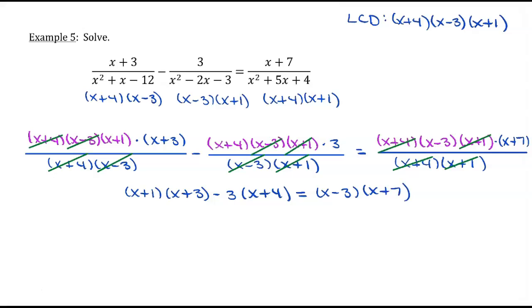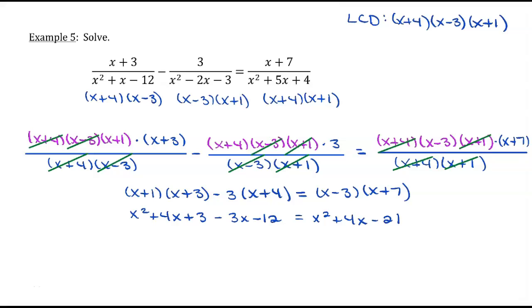Now we need to distribute and collect like terms. Multiplying x plus 1 and x plus 3, we have x squared plus 4x plus 3. Multiplying negative 3 by x plus 4, we have negative 3x minus 12. And multiplying x minus 3 by x plus 7, we have x squared plus 4x minus 21.